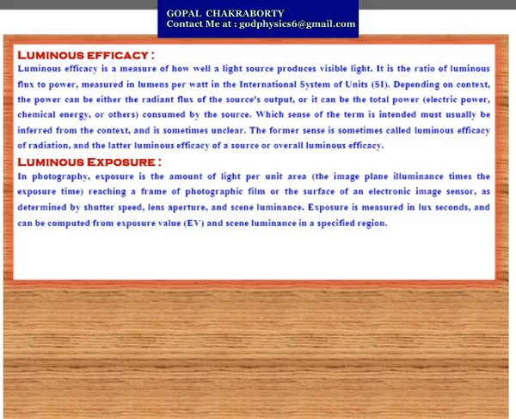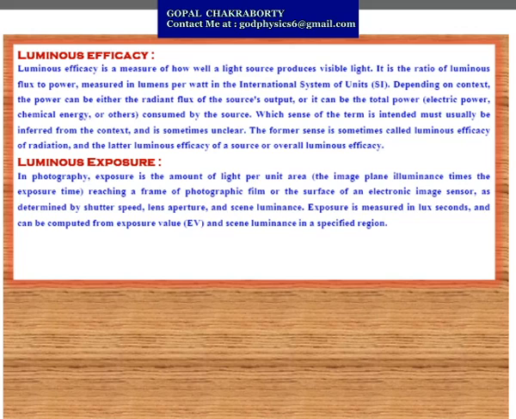Depending on context, the power can be either the radiant flux of the source's output, or it can be the total power, electrical power, chemical energy, or any other power consumed by the source.